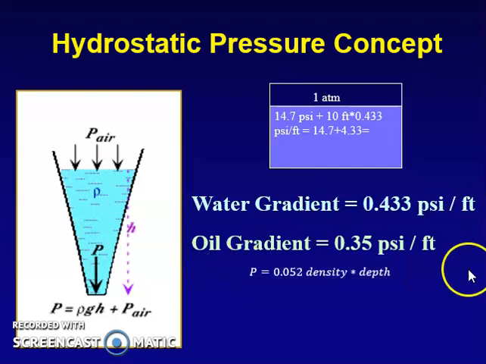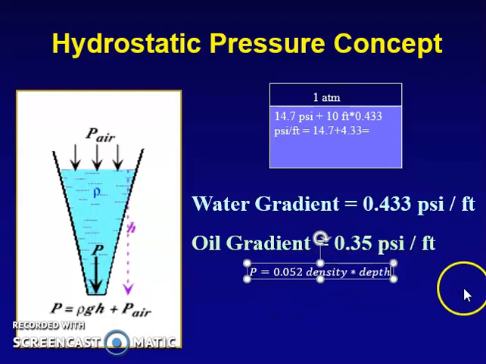So what is the unit of density in this equation? The unit of density in this equation is pound per gallon. Okay. The unit of pressure is psi, and the unit of depth is feet. Okay. So you can use this equation to find the gradient, right? But the gradient unit is what? Psi per foot, right?